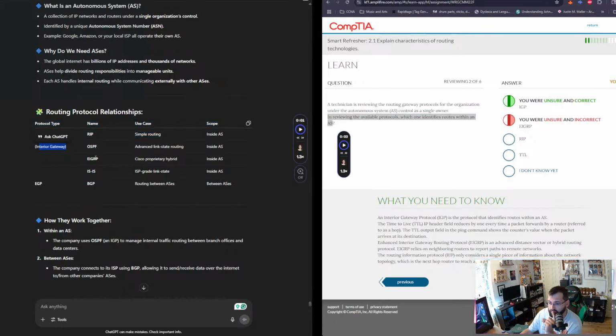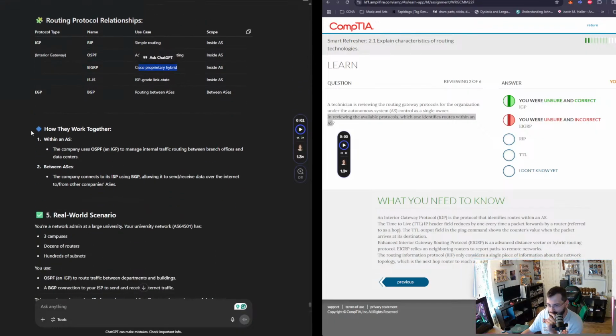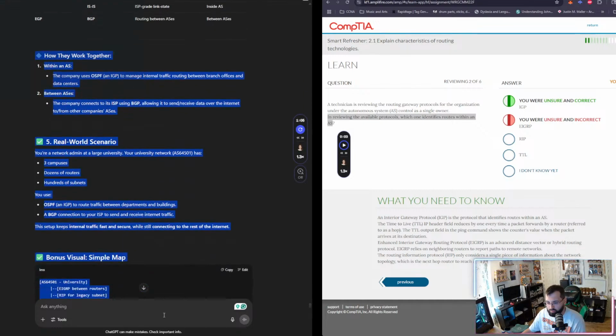Interior gateway. Cisco proprietary hybrid. Inside AS, between ASes. Okay. Because RIP counts the hops. But I thought RIP was also like old and like legacy. Advanced link state routing. ISP grade link state. Okay, tell me more. I want to know more.